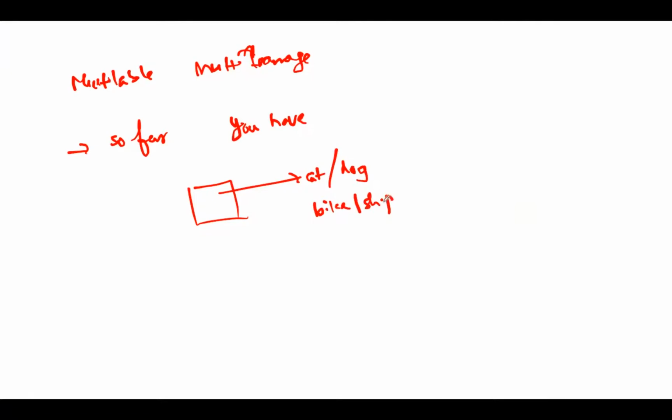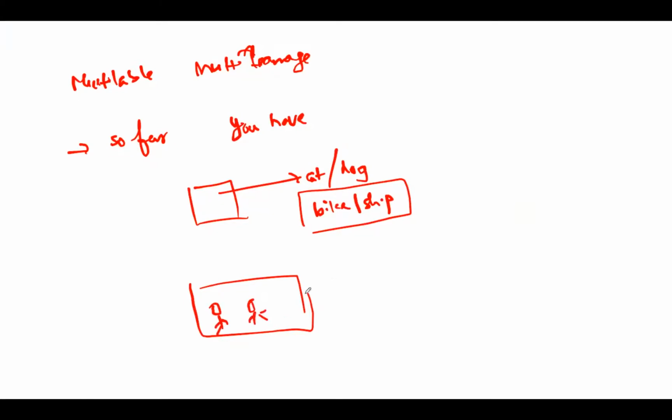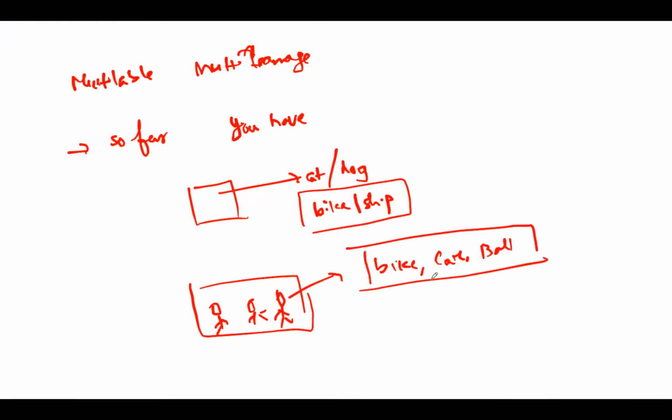Now, in a given image, I will have two or more objects. It has to classify bike, car, and ball. This is called the multi-label, multi-class activity.